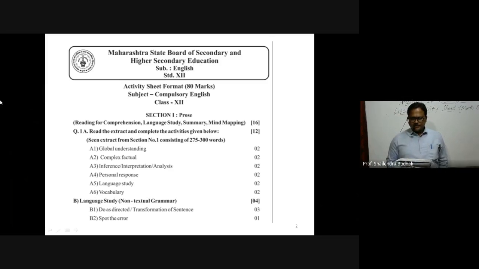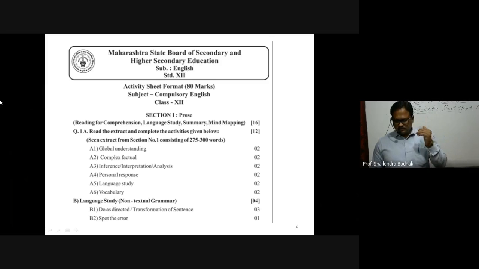Global understanding means overall understanding of the extract. You have to understand the extract. What is there in the extract? That you'll have to understand. So, overall understanding of the extract, message. What is the message of that extract? Theme. What is the theme, central idea, or the gist? Gist is also the central idea.